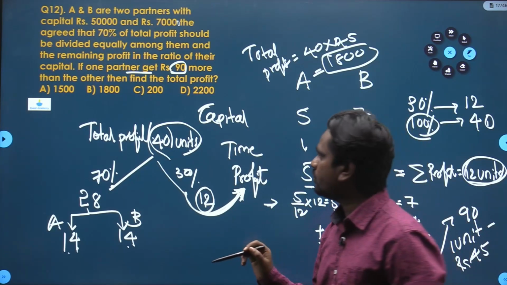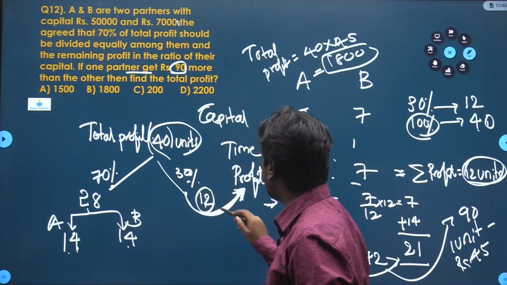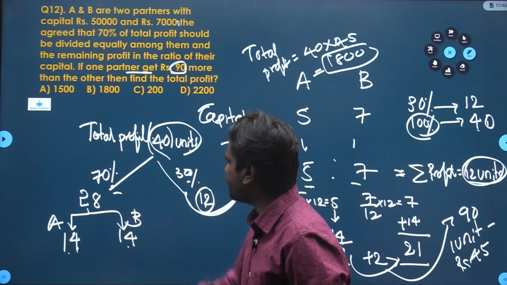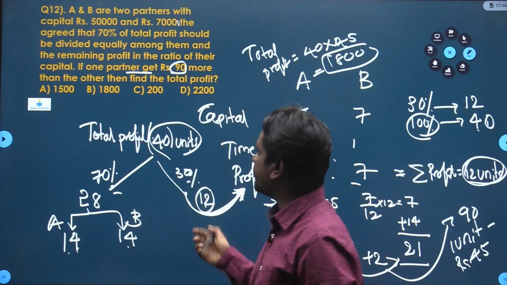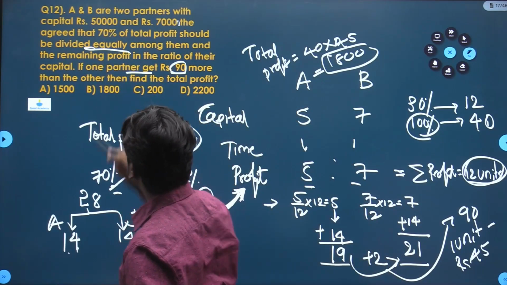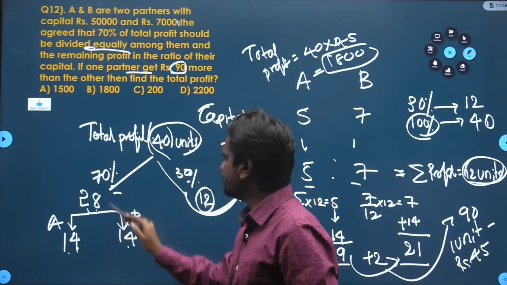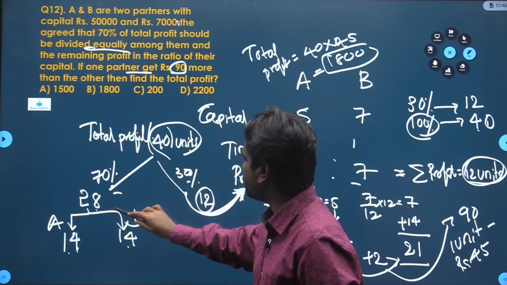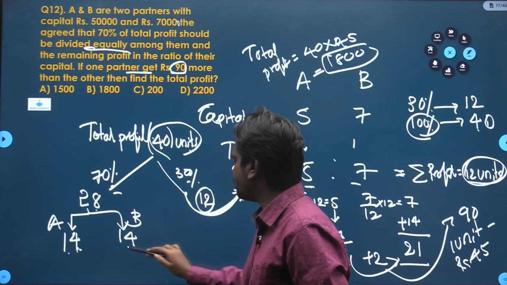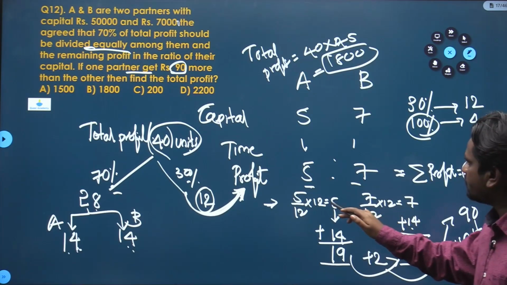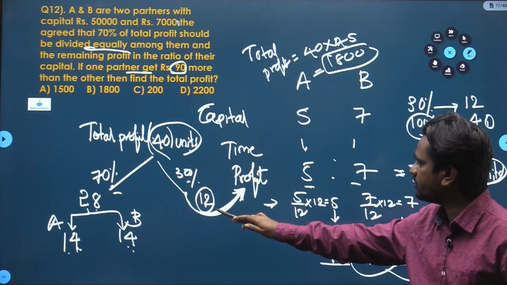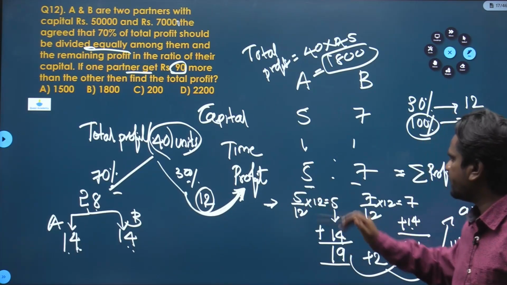The 12 will go to A and B by capital ratio, and 28 will be divided equally. 70 percent of 40 units is 28 units, half and half is 14 units and 14 units.